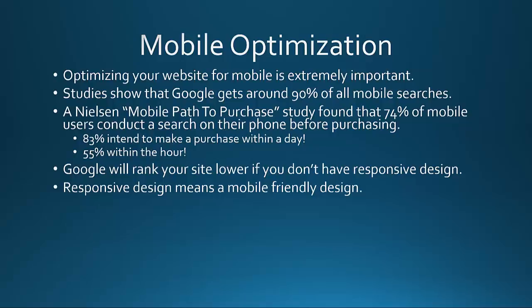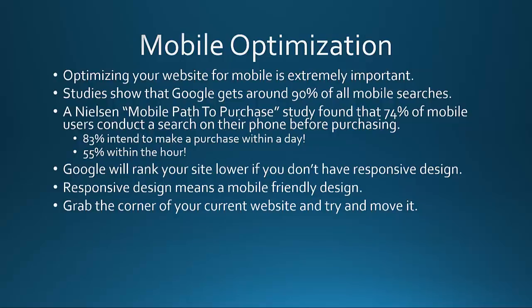It means your website looks good across all platforms and all devices, including iPads, iPhones, MacBook Pros. That gives you an idea. Grab the corner of your current website and try to move it, and you'll actually see if your website is responsive or not. If you go up to the right hand corner, you know how you can resize a window if you're sitting on a computer right now, and you go to your website and click your mouse, you can see if your website is mobile responsive.